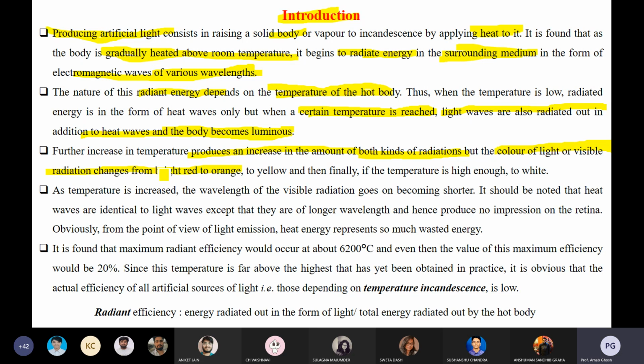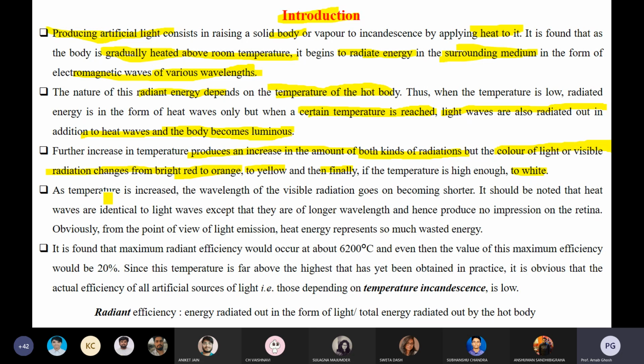That idea is plus 2 level, I hope you can recall it. It is a very basic thing that I have mentioned again for your understanding. So first red to orange to yellow, and then finally it becomes white. You know that white color is a combination of all the lights. So these things are very common.